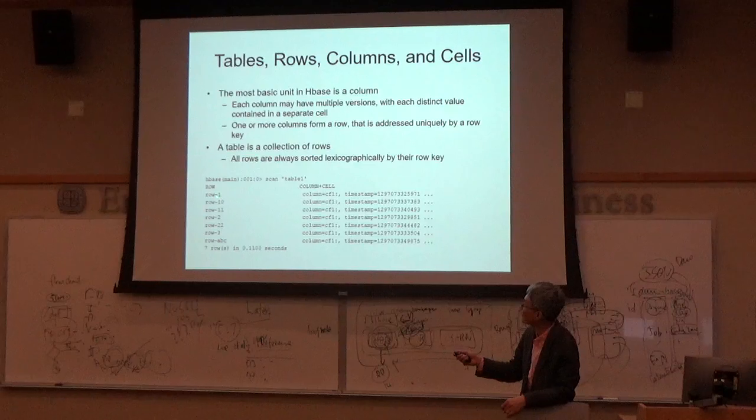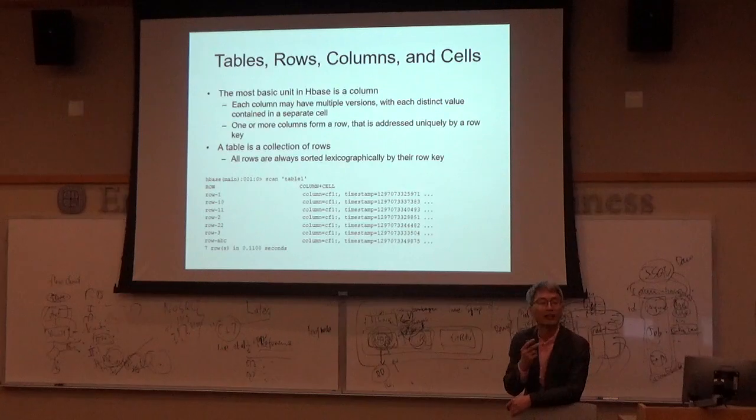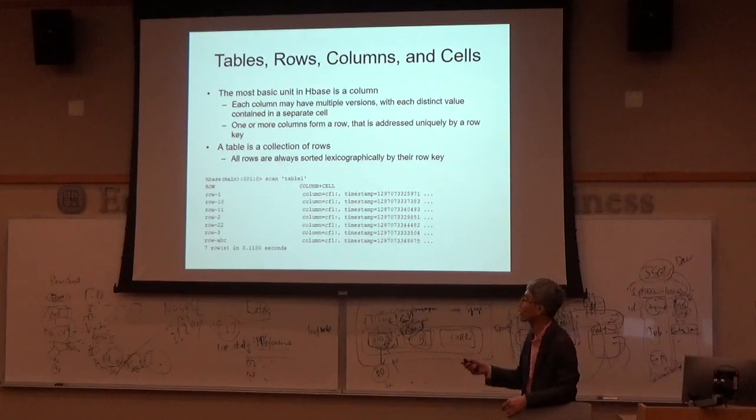You can see row 1, 1, 0, 1, 1, 2, 2, 2, 3, ABC. Can you find any pattern in this? It's sorted. Actually, 1, 1, 0, 1, 1, 2. So when you insert the data, physically it will be sorted.